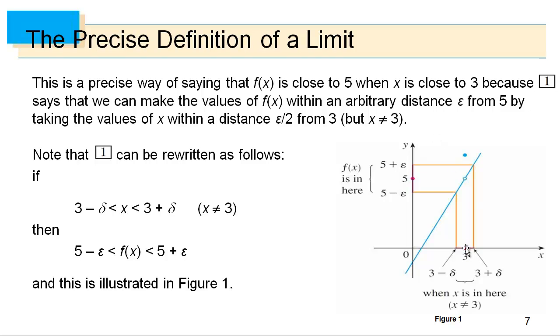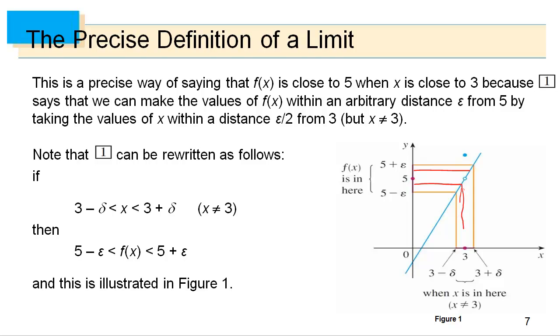We had 3. We have a neighborhood around 3. If you go 3 minus delta, however big delta is, if you go that distance in both directions, you go up, you project it, and you get this neighborhood around 5. You just want to make sure that however small you make this neighborhood around 5, so if I shrink it down and I now want my neighborhood to be here and here, then you can see that, oops, bad drawing, sorry.